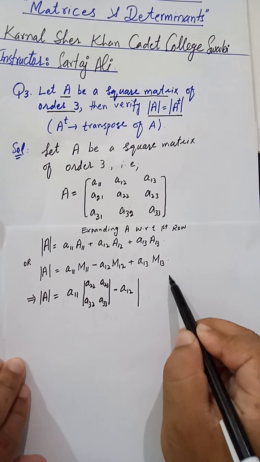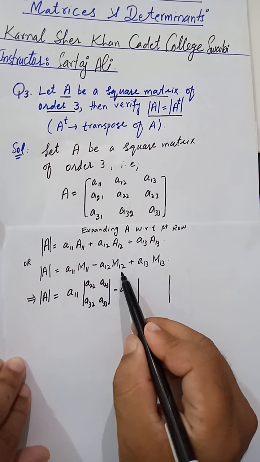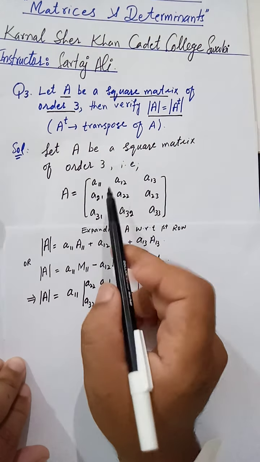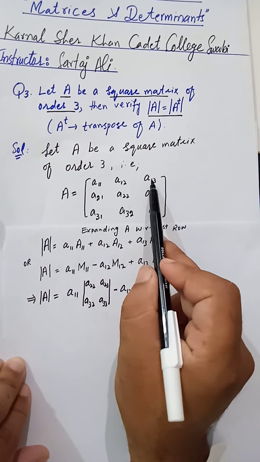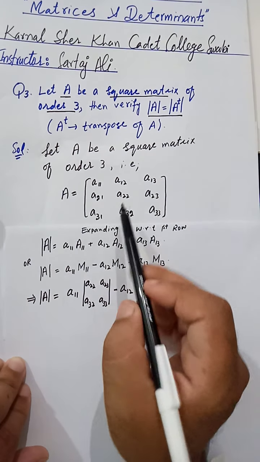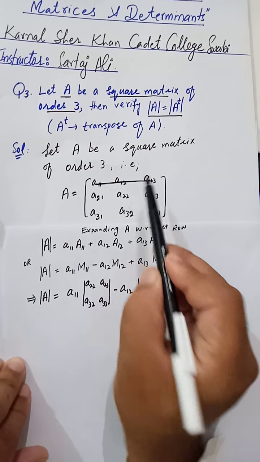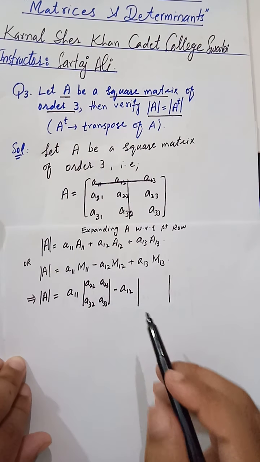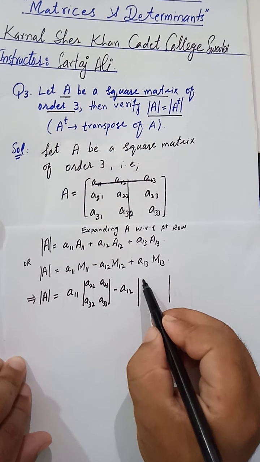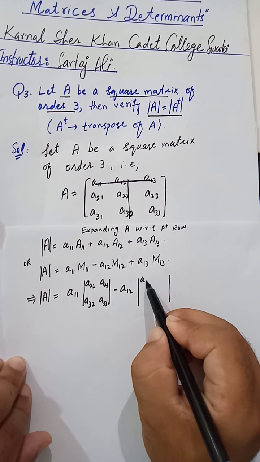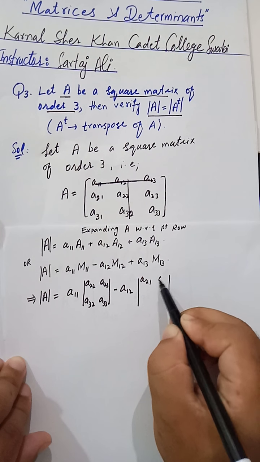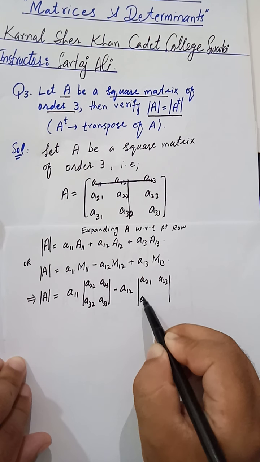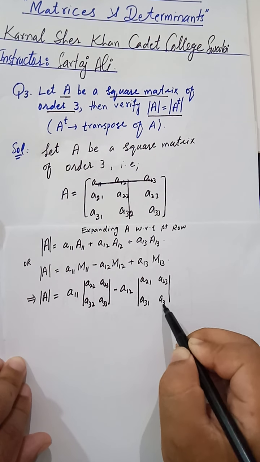Now how can you find capital M12? You need to cancel out the first row and second column, and take the determinant of the rest of the matrix. So this is M12: a21, a23, a31, a33.